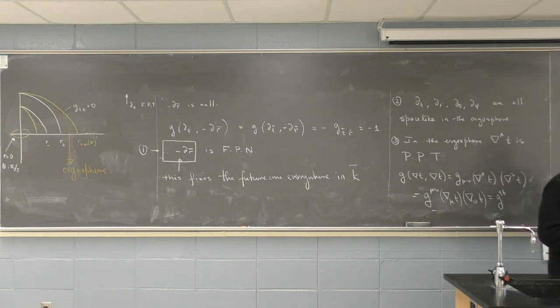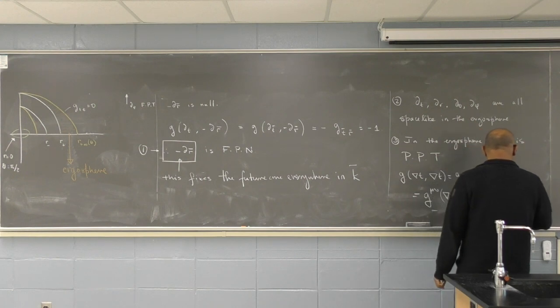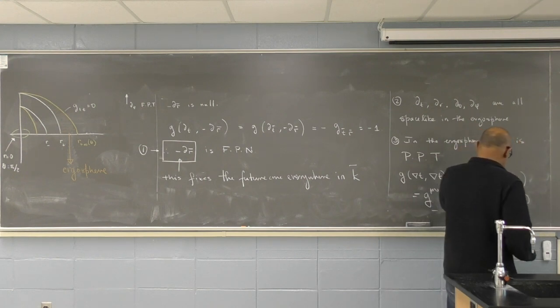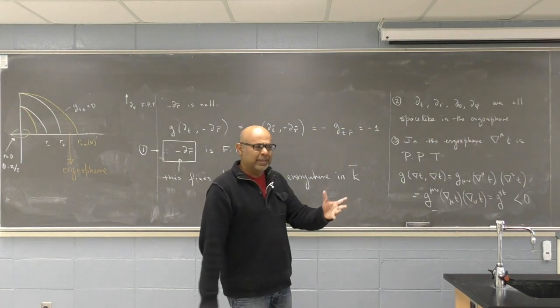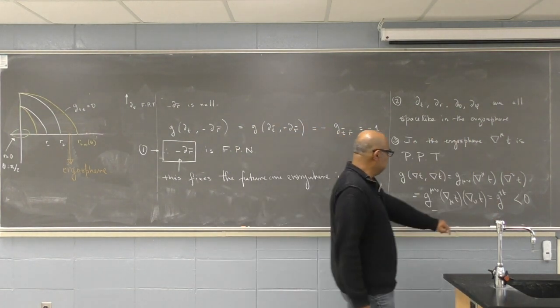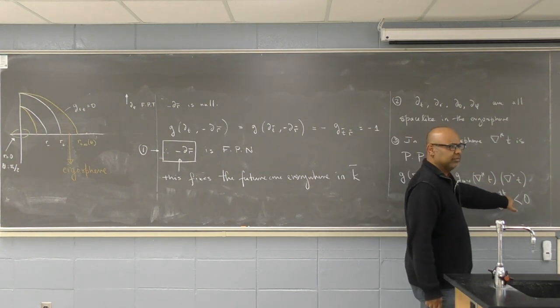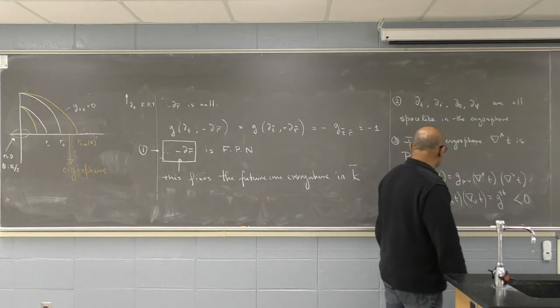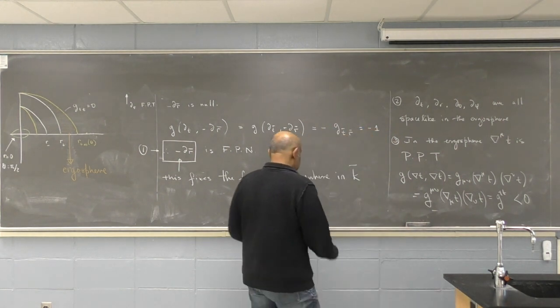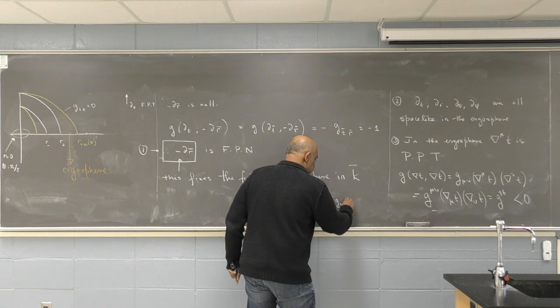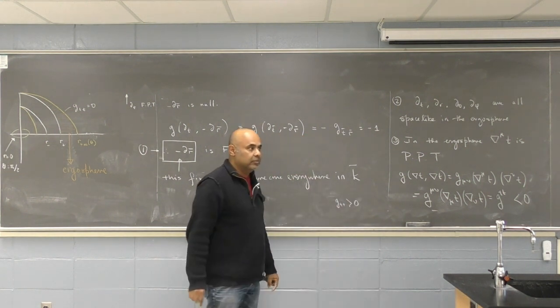We didn't write the inverse matrix or inverse metric. If you did, this g^{tt} would continue to be negative, right? So it is time-like. Remember, g_tt lower in the ergosphere is greater than 0.